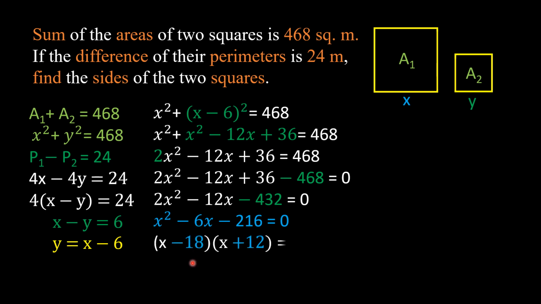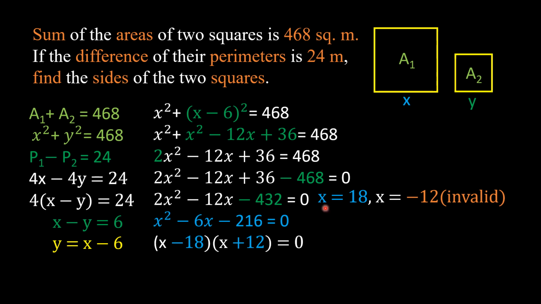Two such factors are minus 18 and plus 12, because minus 18 plus 12 is minus 6 and minus 18 multiplied by 12 is minus 216. Now the first factor, x minus 18, gives us x equals 18, and the second factor, x plus 12, gives us x equals minus 12. But this value is invalid because the side of a square cannot be negative.